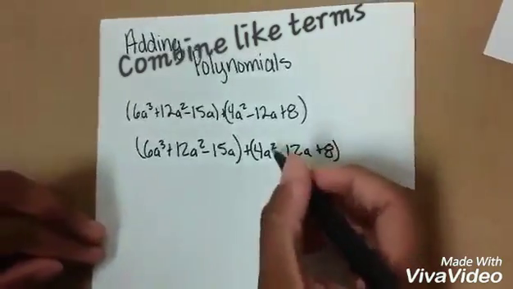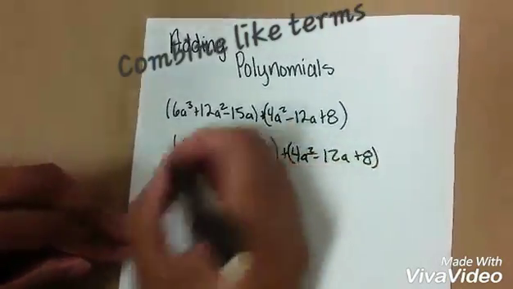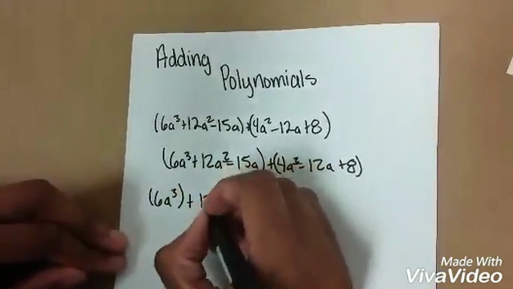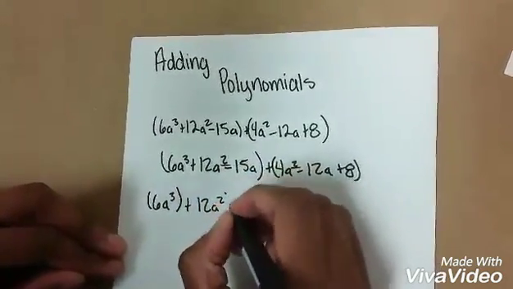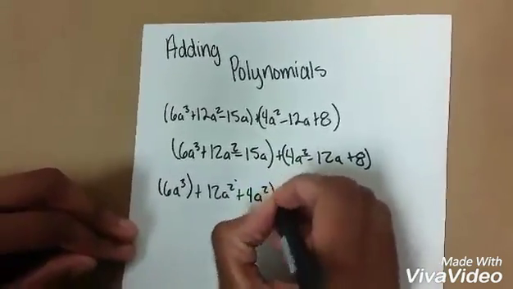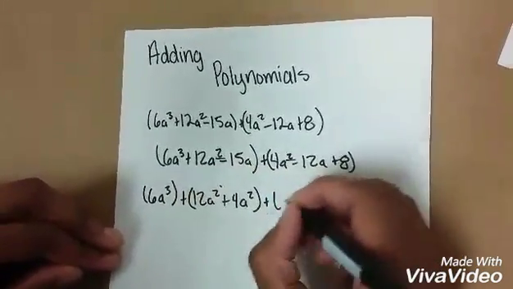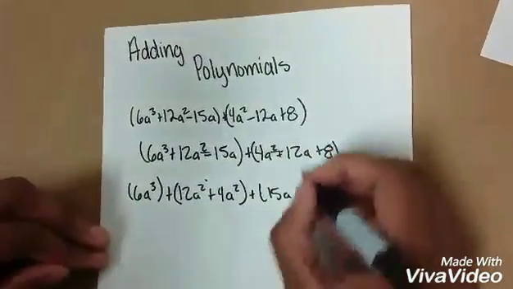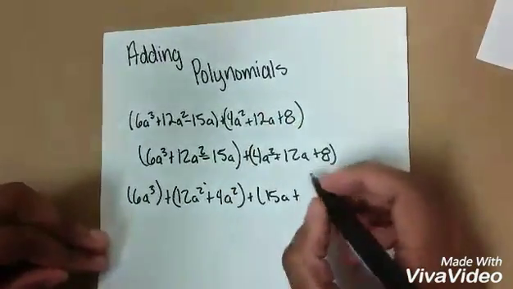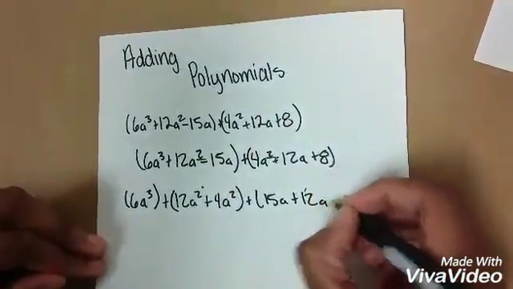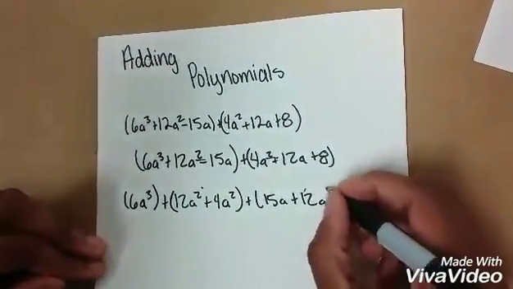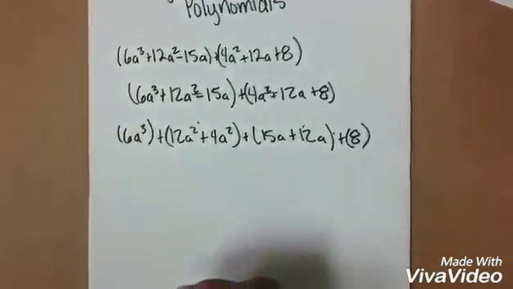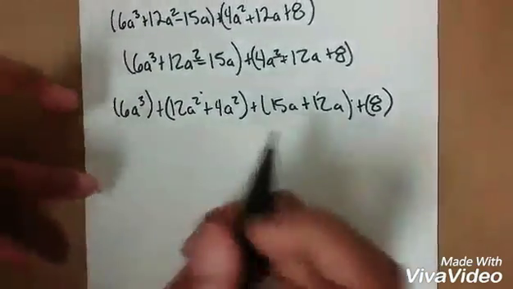The terms that have the same exponent. Now that all the like terms are grouped, you want to combine them.